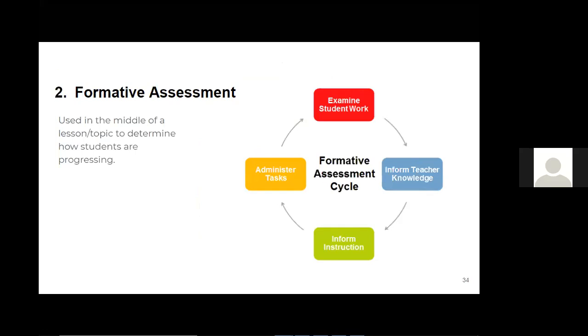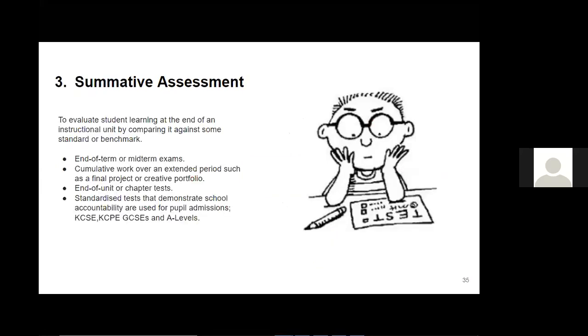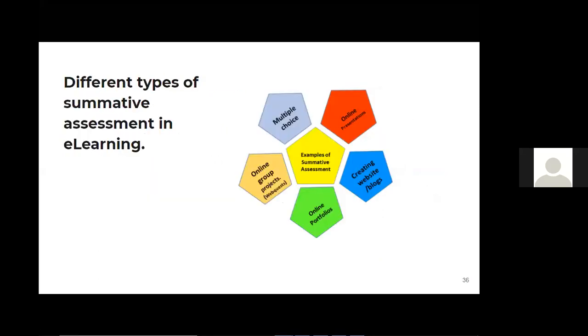So we said formative assessment is a cycle where you examine the students' work, which informs your knowledge as a teacher, which then informs your instruction, and later you administer the tasks. For summative, we said it comes at the end of the term, or as mid-term exams, or end of unit chapters or questions that you need to test.